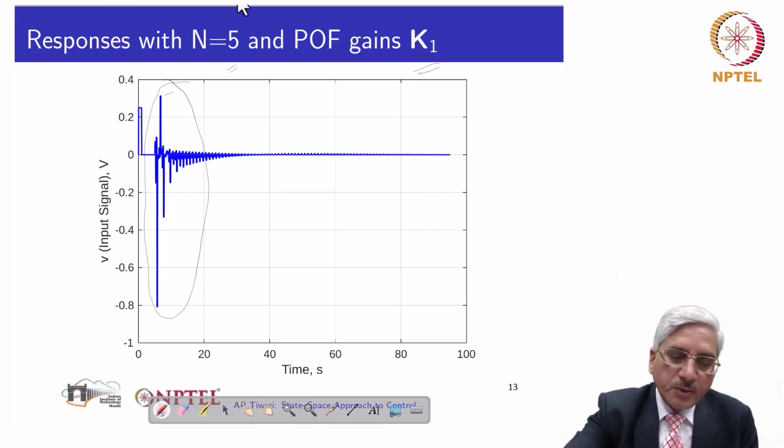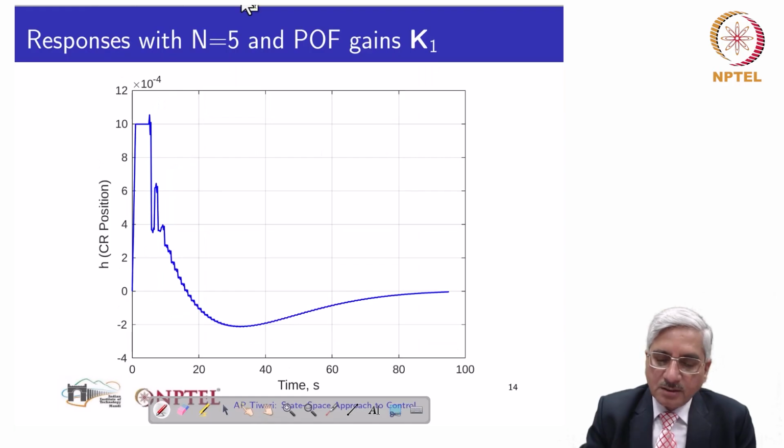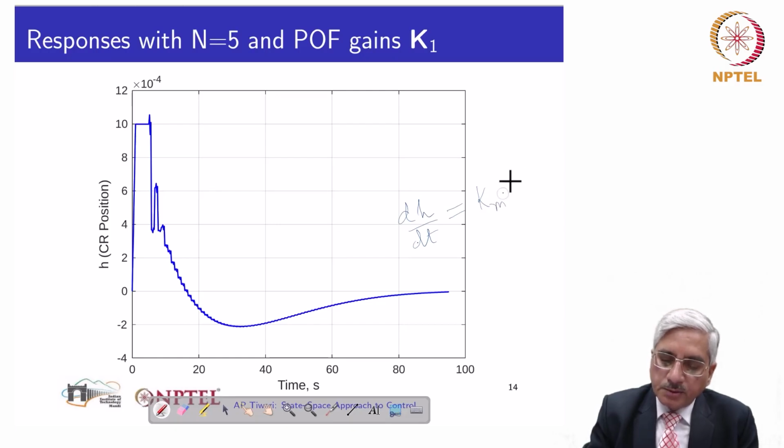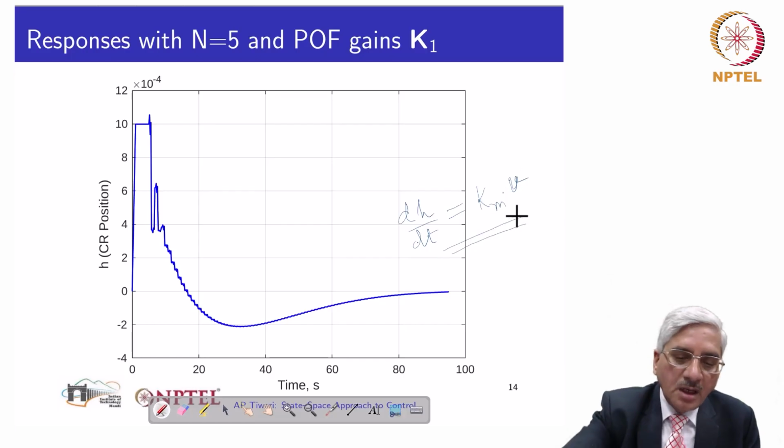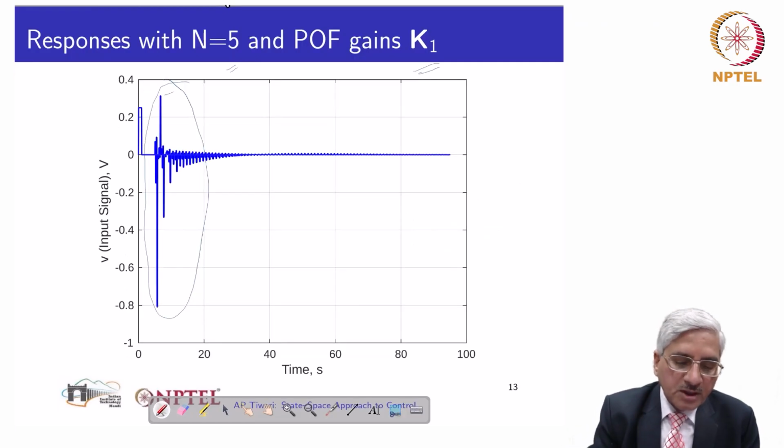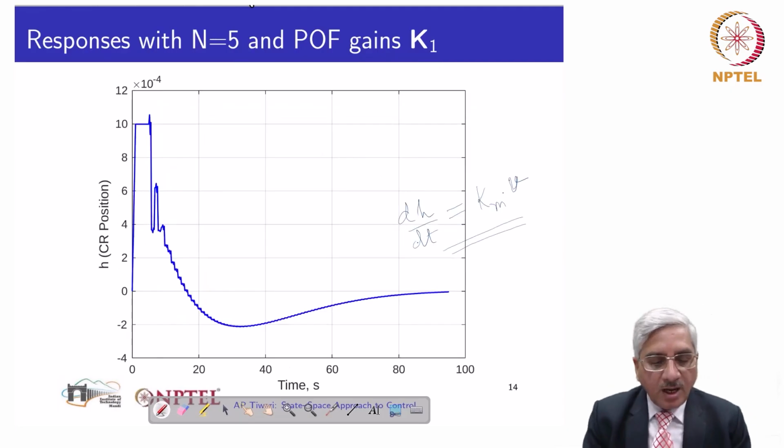This is how the input signal varied, and because the control rod position dH by dt is equal to some constant k, I don't remember the subscript, I think it was km, into the input u, which is the voltage V here. So this is just a simple integration of this voltage profile which appears in this plot, and we get this.